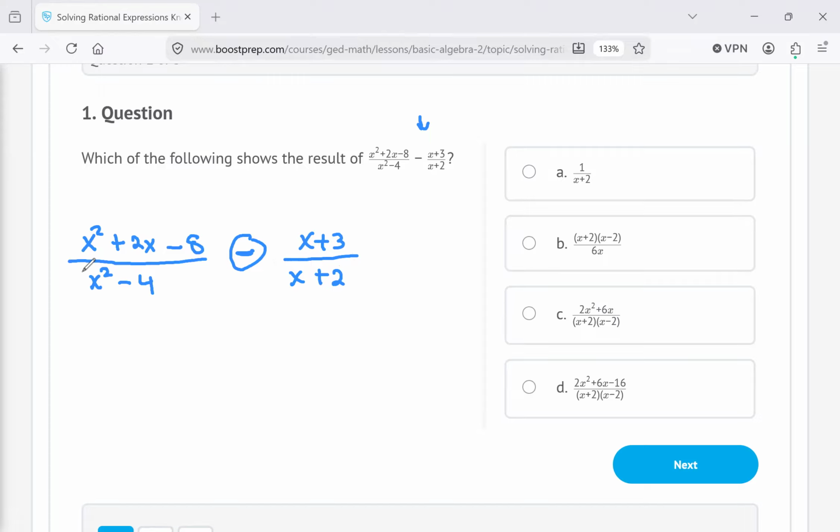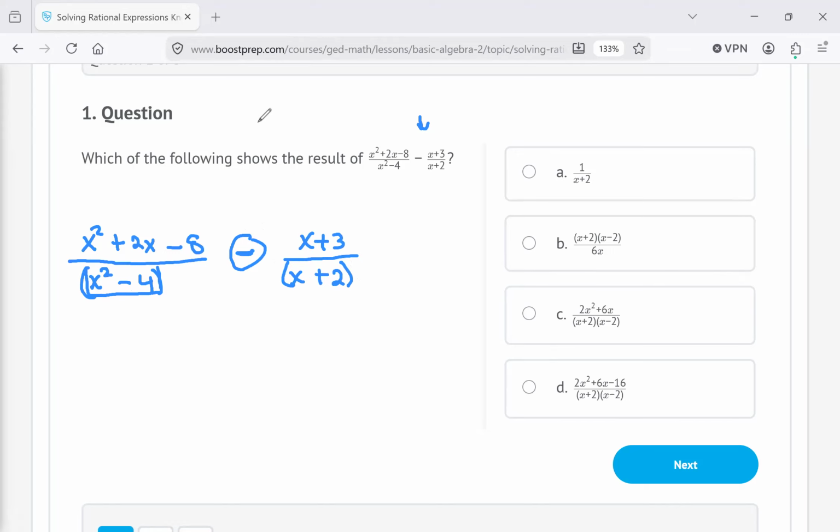So how do you find it? Look at the denominators. We have x squared minus 4, which you can think of as one whole term, or parentheses. And then you have this other x plus 2, also one whole term, or parentheses.